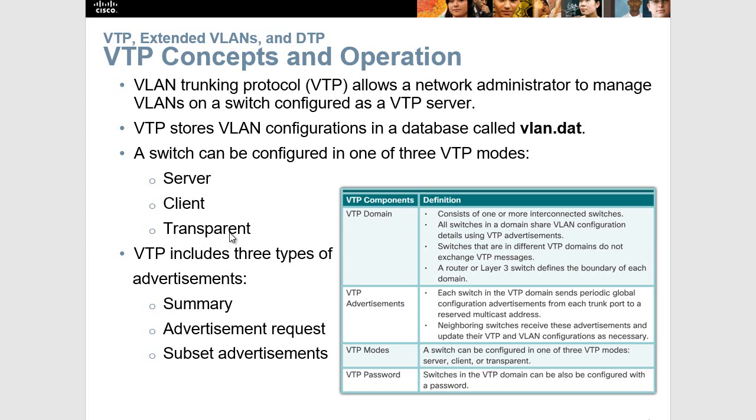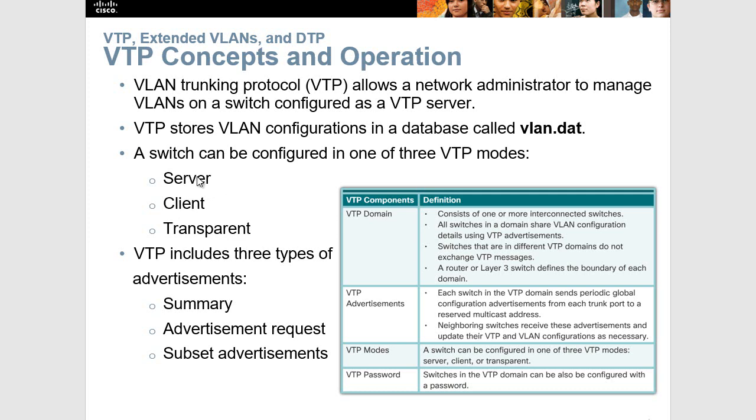So you don't have to worry about that interfering with the settings that you've configured on your server. Transparent is going to be its own self-contained thing. It doesn't forward out any of its VLANs, but it will forward VLAN information that is sent by other clients, which of course originates at the server. So it all works pretty harmoniously.